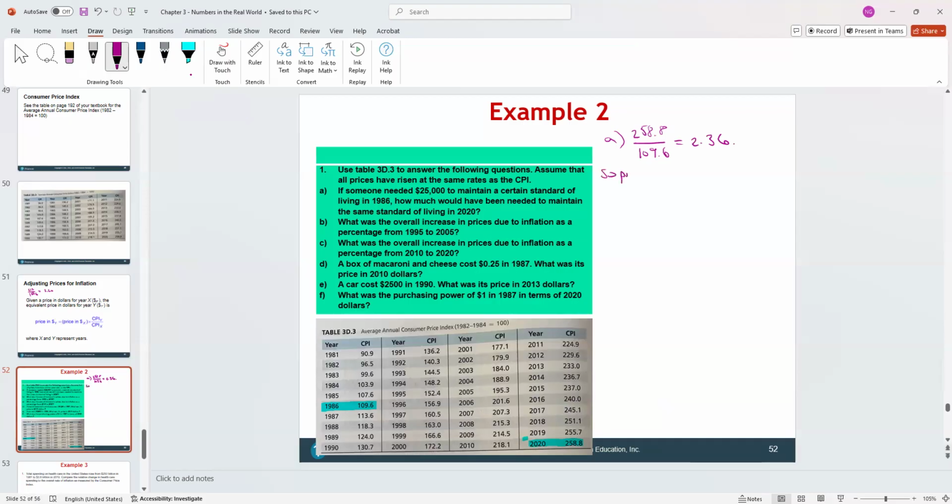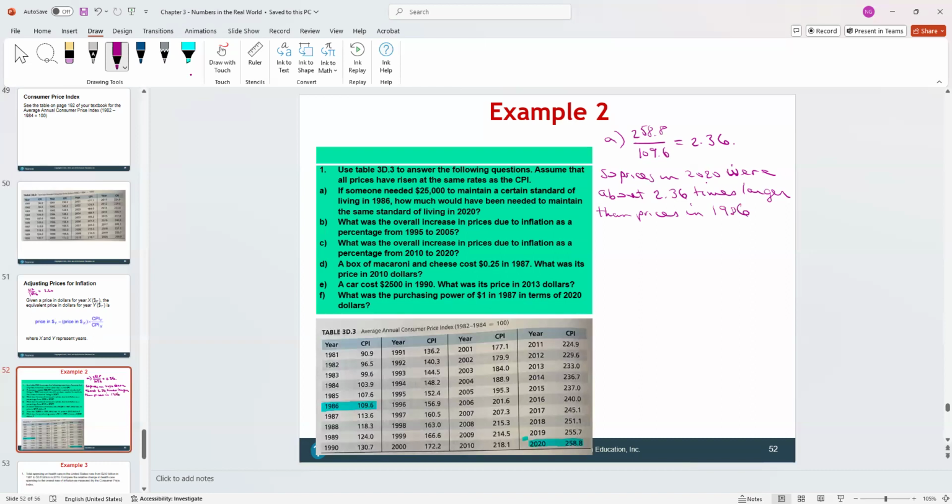So that means prices in 2020, because we're no longer in 2020, we're about 2.36 times larger than prices in 1986.